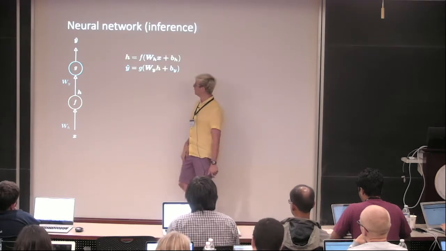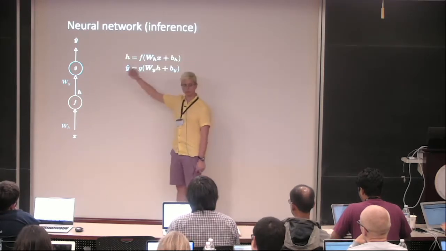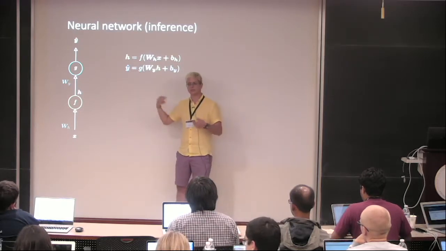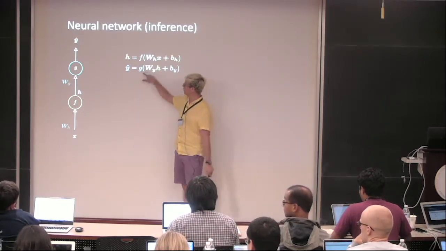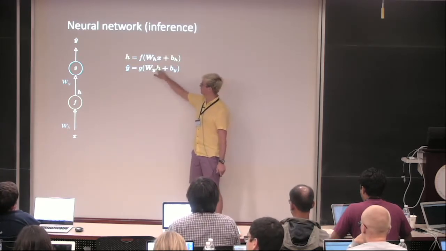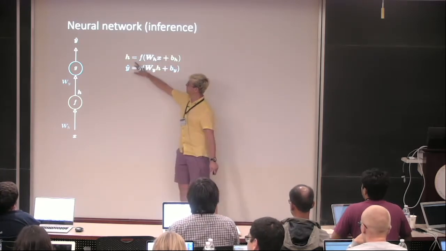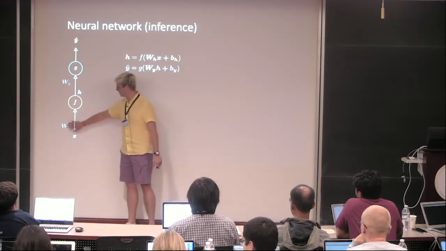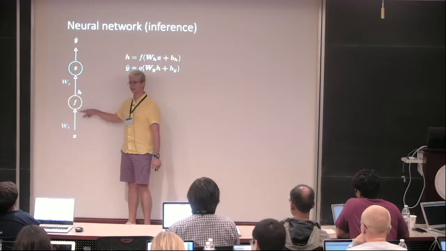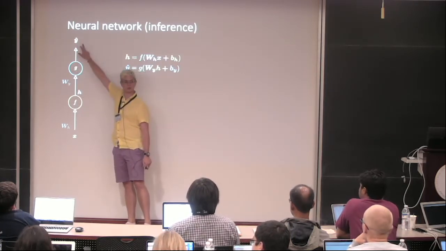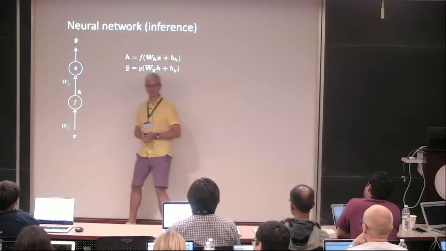The same way, I keep doing the same operation, and I have my y hat, which is my predicted output, which is again a nonlinear function applied to this affine transformation. And this affine transformation is applied on the hidden layer. So you have an input, affine transformation, nonlinear function, affine transformation, nonlinear function, output. Good? All right.